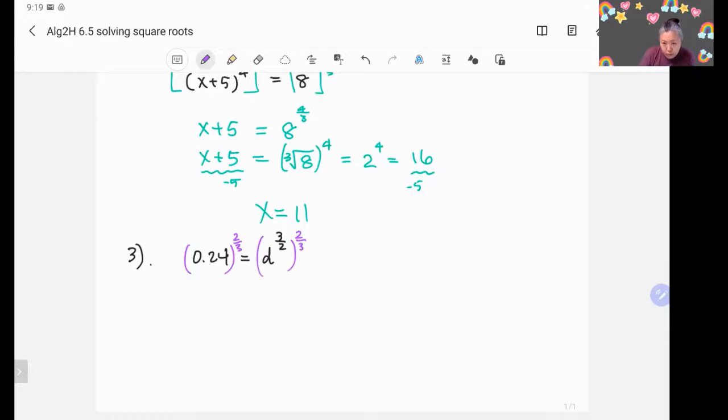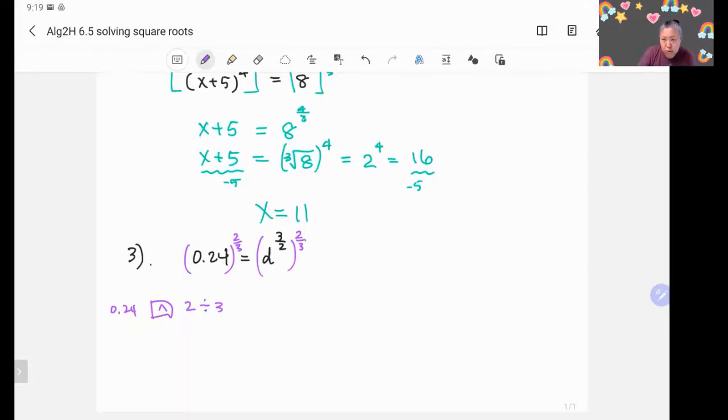You type 0.24, and just in case you guys haven't used it before, there's a key that looks like this, an upper arrow, that's raised to the power, right? So 0.24 raised to the power of 2 divided by 3.